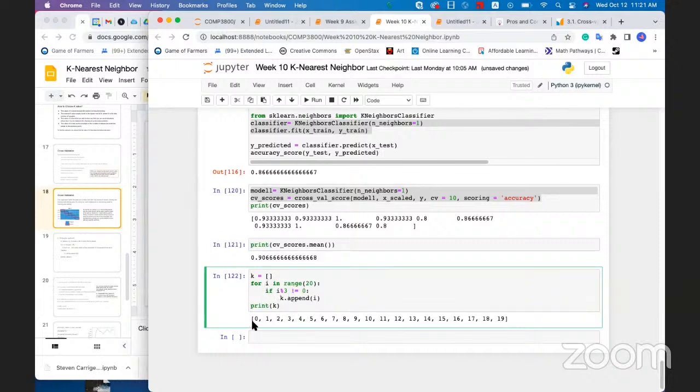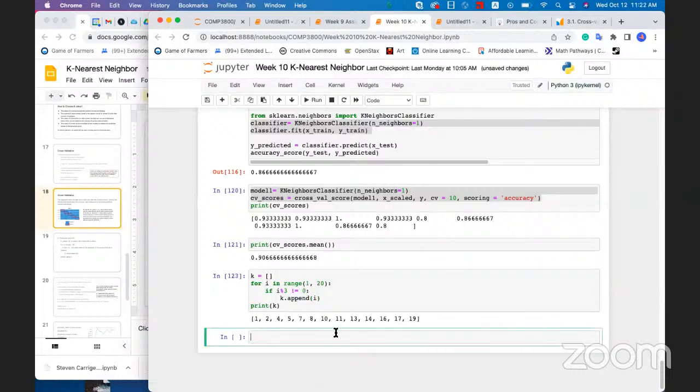And I want to skip 0. Okay, yes, that's a good list. It starts with 1, 2, and it skips 3, 6, 9, because there are 3 species here, 3 types. Are we all good here? Yeah. Okay.